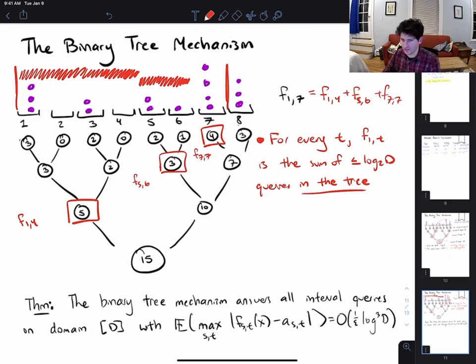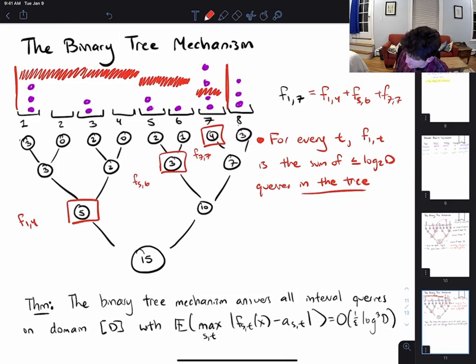Is one of those things contained? In this case, yes, f1 through 4 is contained. So add it, and now recurse on 5, 6, and 7. What's the biggest interval contained in 5 through 7? It's 5 through 6, and so on. So there's just a simple greedy algorithm for finding the right thing.